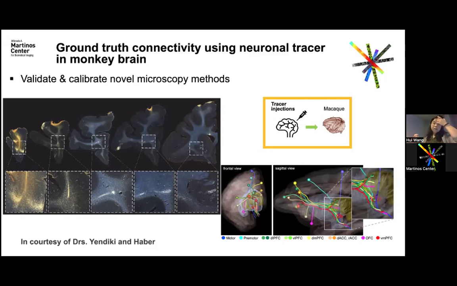One way we came up with in this LINK Connects grant is to use ground truths of neuronal tracers from monkey brain. Traditionally, our collaborators, Suzanne Haber and anesthesia, inject neuronal tracers into monkey brains.